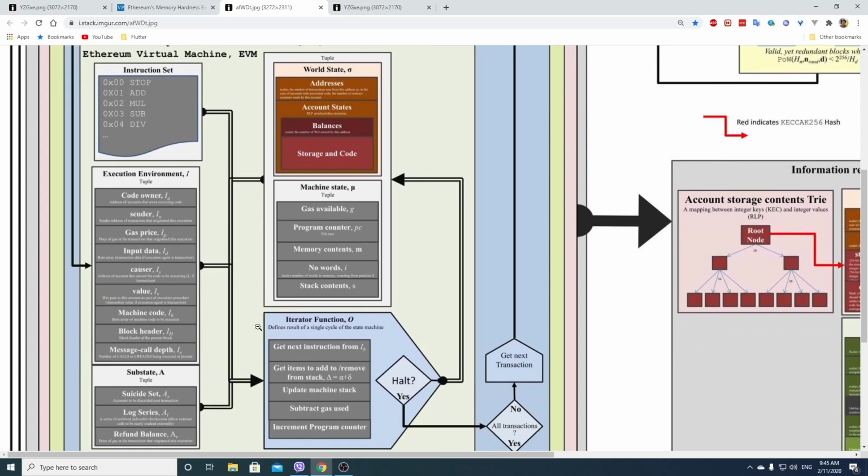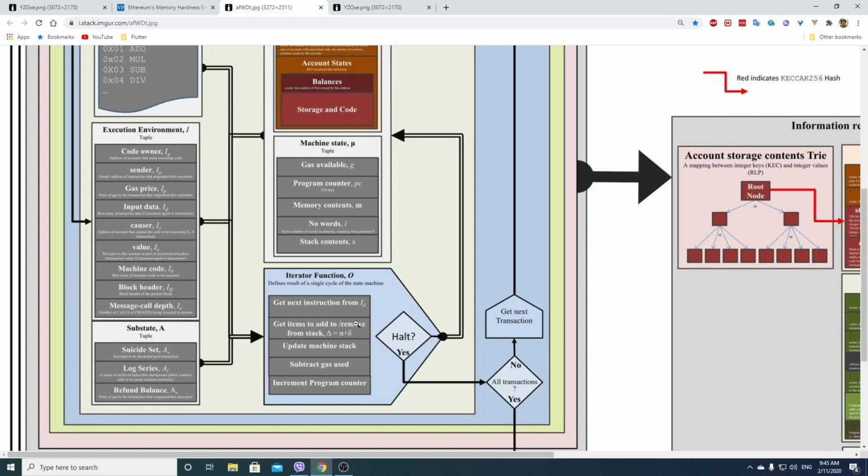And this goes for this particular loop, right? So the loop says that you take the next instruction. Normally it's a sequential program. You have a bunch of instructions, and then you execute them in turns, right? Based on the instruction, you know if you have entries to add or remove on the stack.